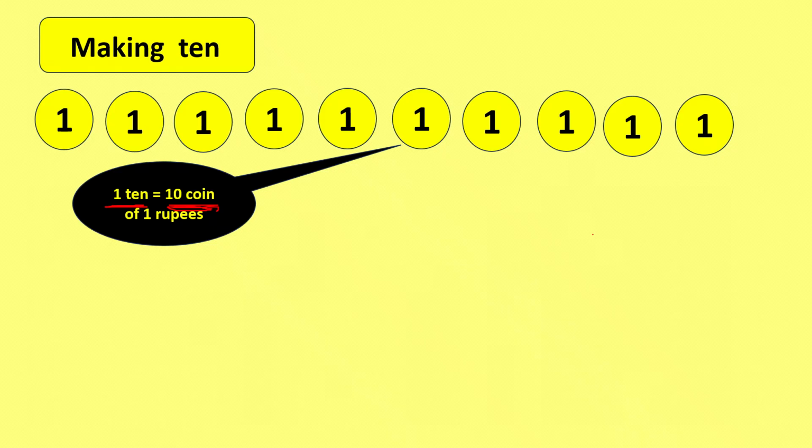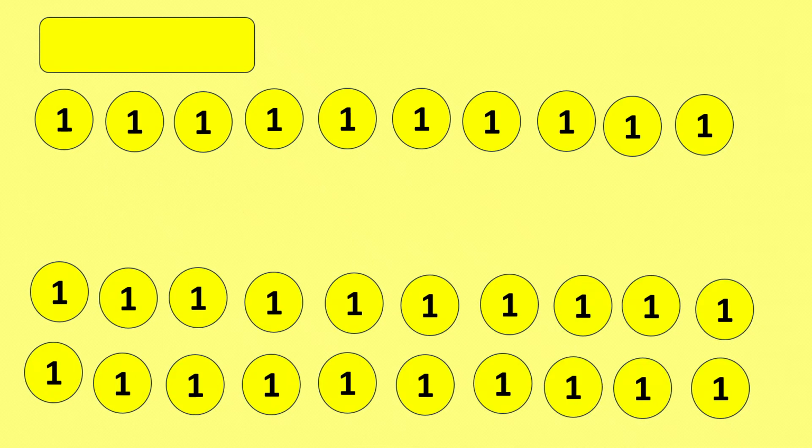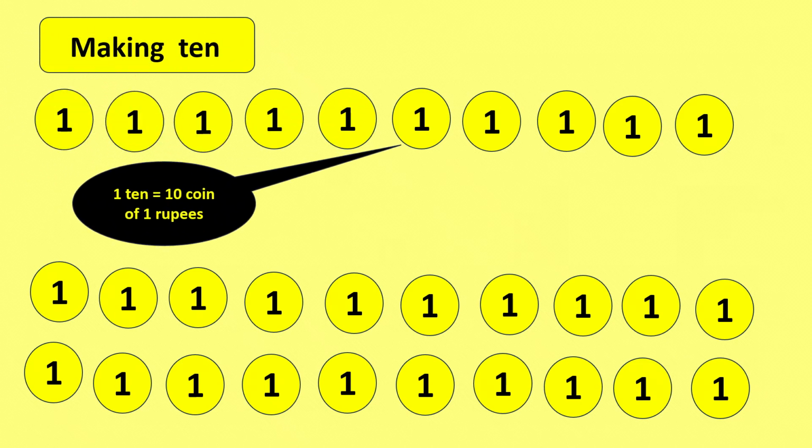And look here. The next point is again making a 10. So the first point is around 10 rupees. For a 10 we need 10 coins of 1 rupee.